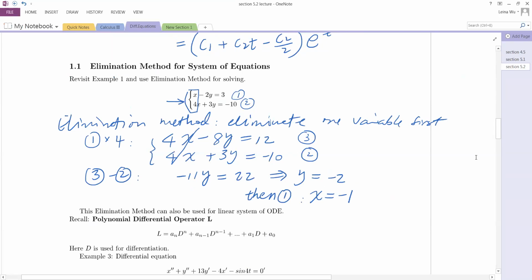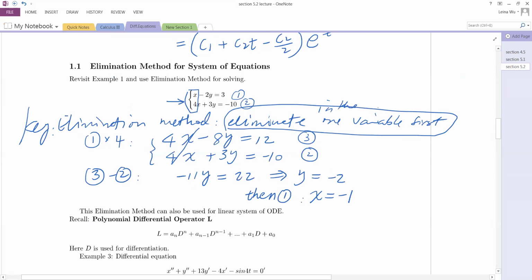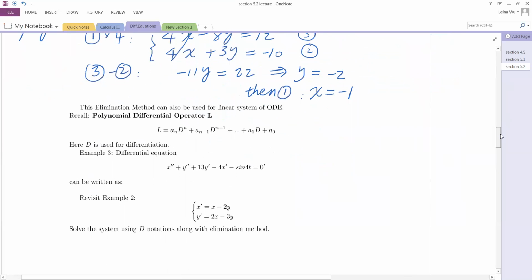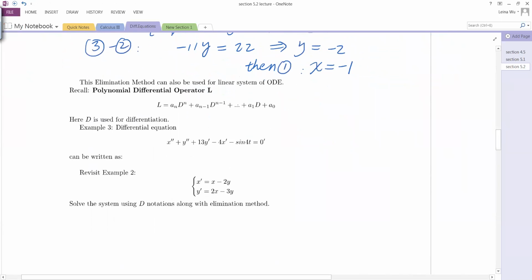So that's the elimination method. So the key for elimination method is you want to eliminate one variable first in the system. So try to get rid of the x or y first of all, in the system. The elimination method can also be applied for a linear system.